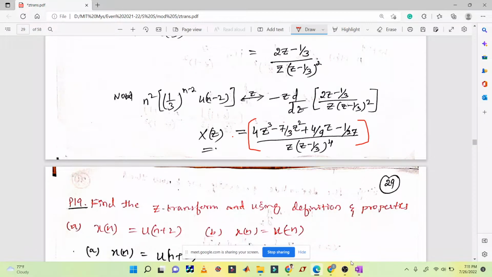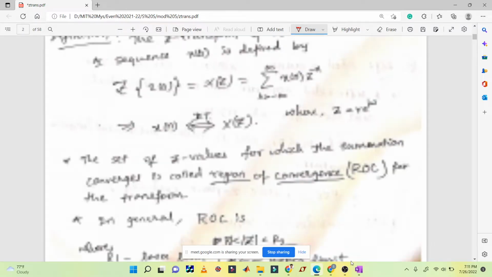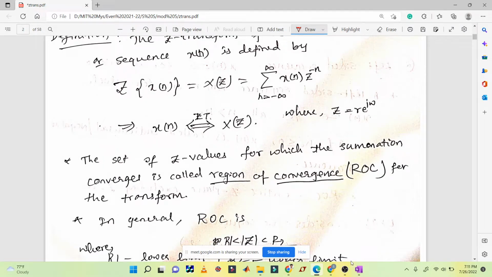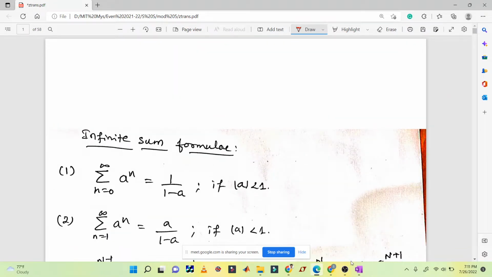Based on this equation. Magnitude of a less than 1. So magnitude of a means whatever is there here, that is less than 1. Based on that only you will tell the ROC. There is no other rule.